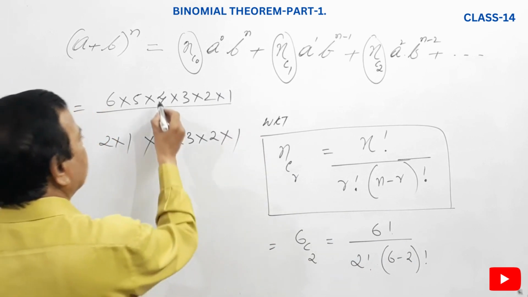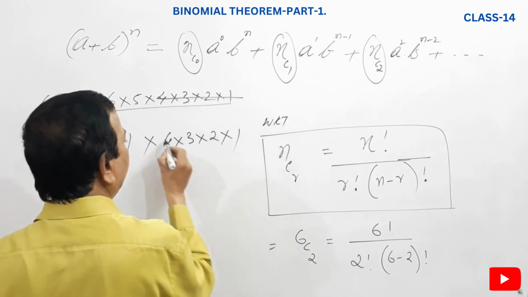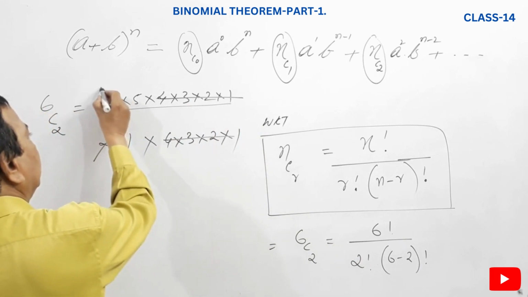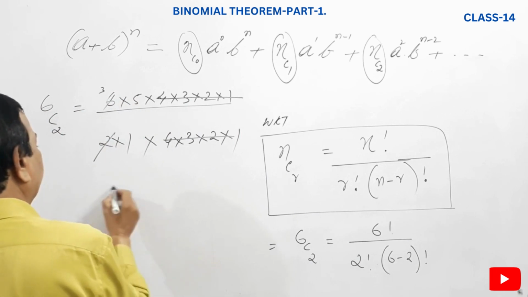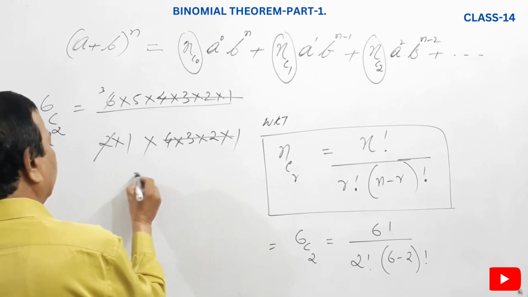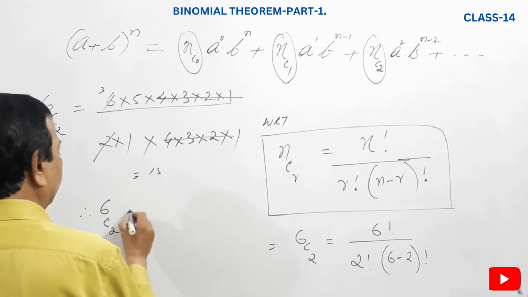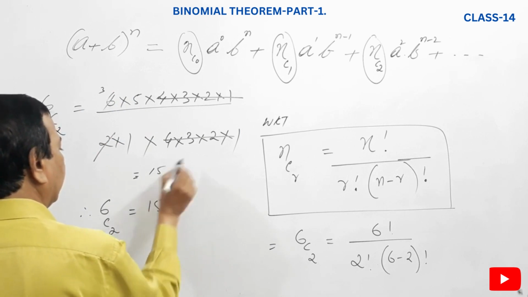So I can cancel 4, 3, 2. 2 1s are 2, 3 2s are 6, 5 is 15. Therefore 6C2 equals 15.